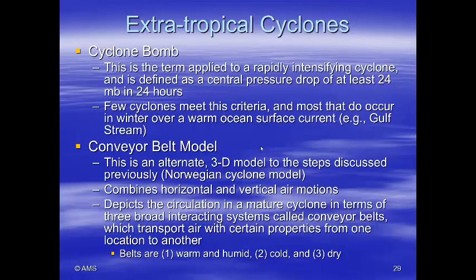This combines horizontal and vertical air motions, and it depicts the circulation in a mature cyclone in terms of three broad interactive systems called conveyor belts.